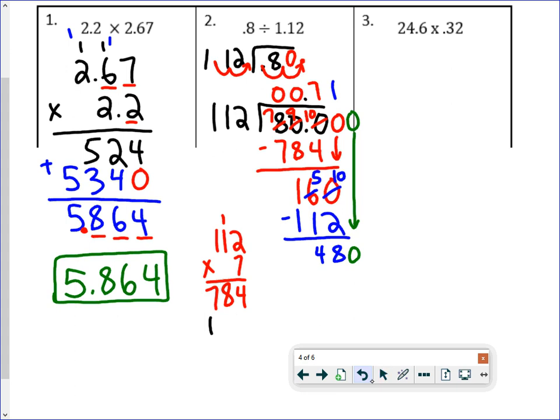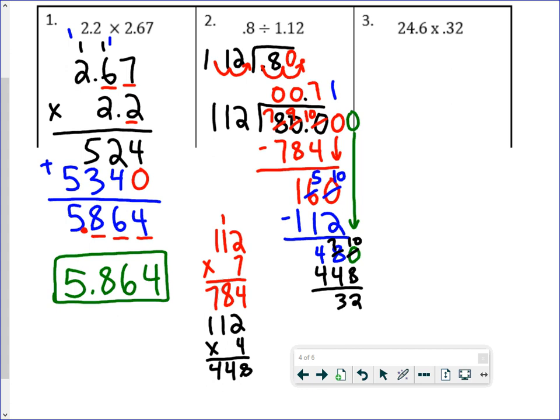Let's rewrite this. 112 times 4, so 448. And that gives us 32. And once you get here, you can pretty much call it quits because we have gotten pretty far.